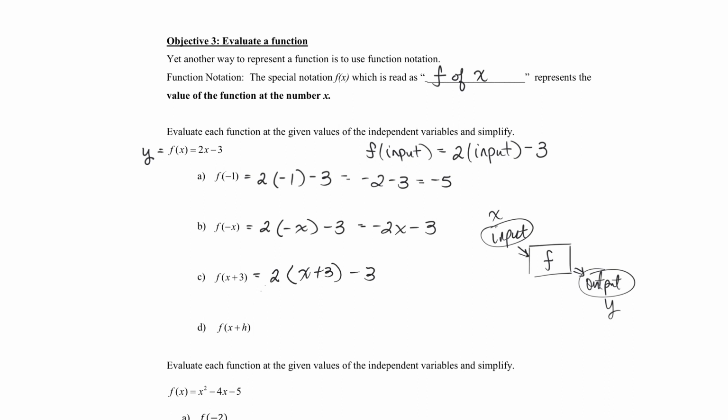Now it's very important that I put these parentheses around that expression x plus 3 because I need to multiply 2 times the entire expression. And if I don't put parentheses, that won't happen. And what those parentheses indicate to me is I need to distribute. So I'm going to end up with 2x plus 6 minus 3.